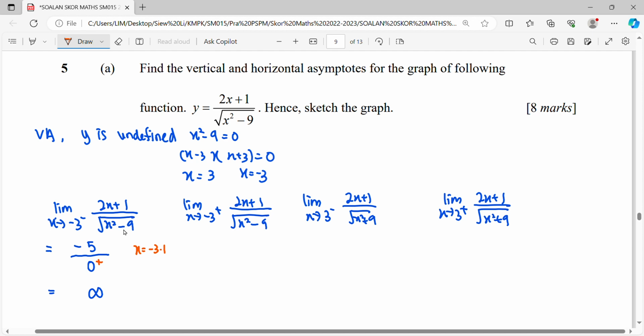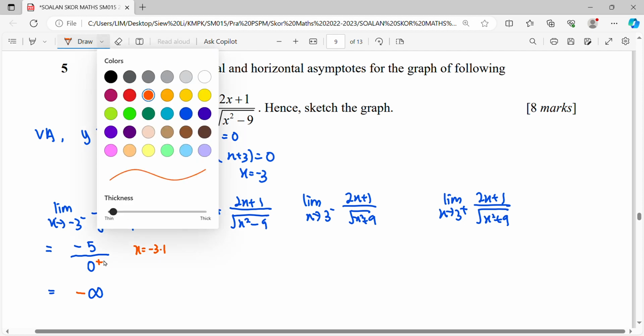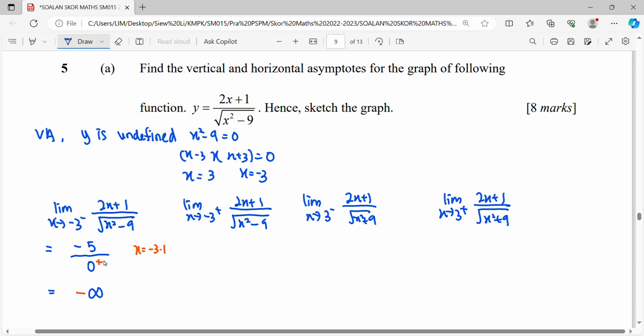When you put negative 3.1 inside x squared minus 9, it will give you positive 0.something, so our 0 is nearly positive. So negative over positive will give you negative infinity. Then we repeat. For this, it will be negative 5 also over 0.